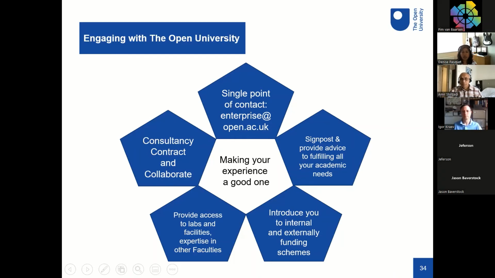That could include academic consultancy, contract research, using our labs and facilities, using our experts to make sense of the results, and through funding schemes such as those I've mentioned, Innovate UK, and also other UKRI schemes. We can help you identify the best way to engage with us and the most appropriate funding schemes available at that time, and help match you with the academics who can solve your problems and issues.